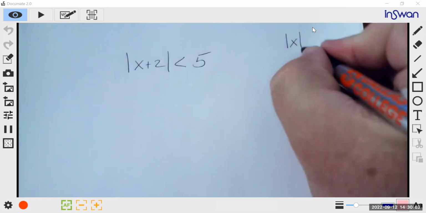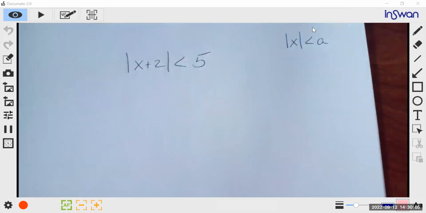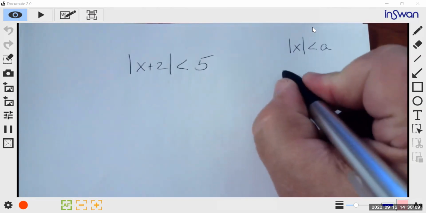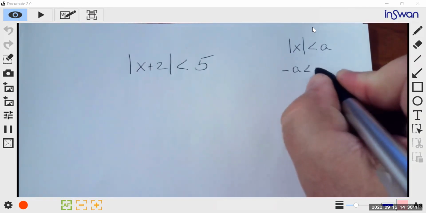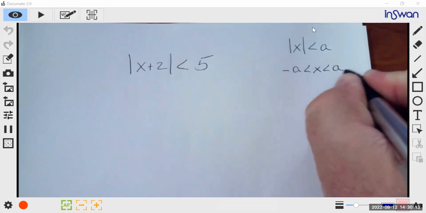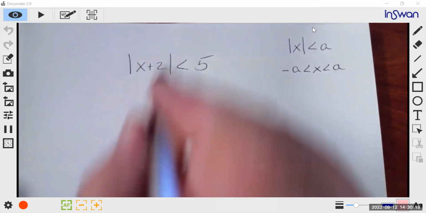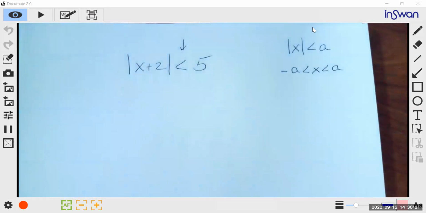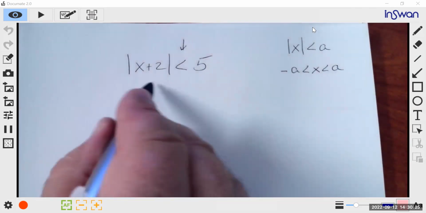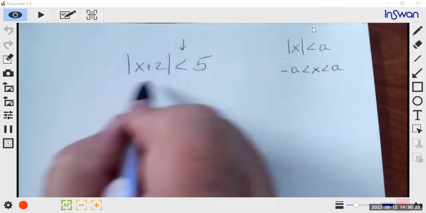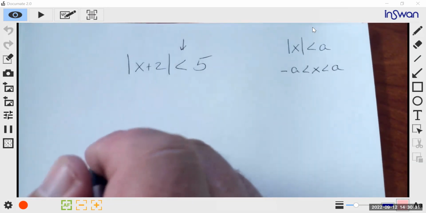So remember, the rule is this: if the absolute value of x is less than a, and I drop the absolute value, it becomes negative a is less than x is less than a. So this is what you're looking at. You're looking at the inequality sign. Following this rule, the absolute value is isolated, so now I can drop the absolute value sign.